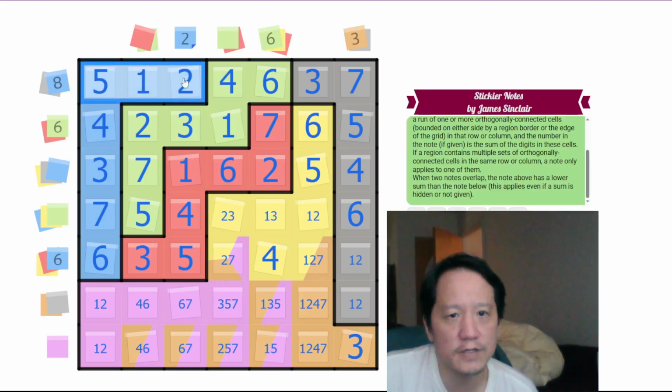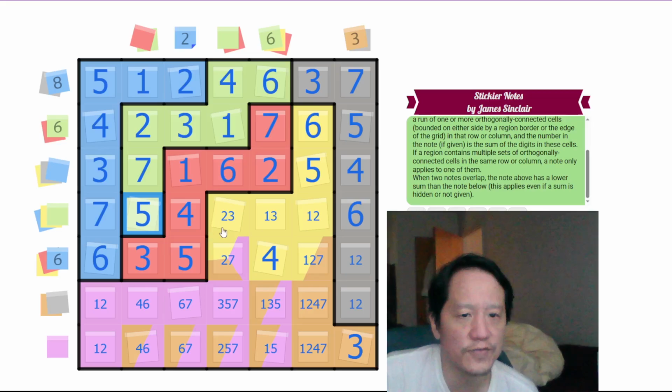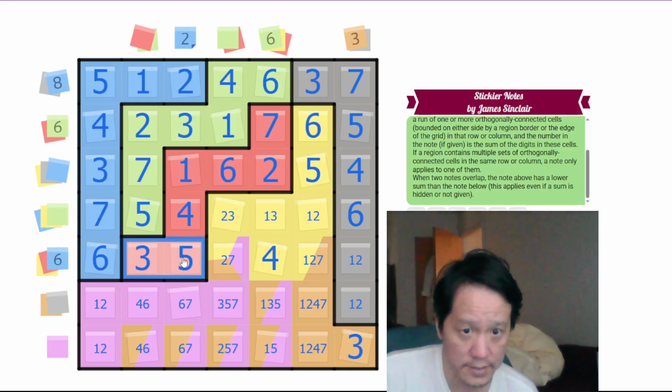So again, 8, 10 is greater than 8. We have 6, 7 is greater than 6. 3, 4, and 5. So medium gray, yellow. Blue, green is 5. These add up to 6, and then blue is 7. 6, 8.